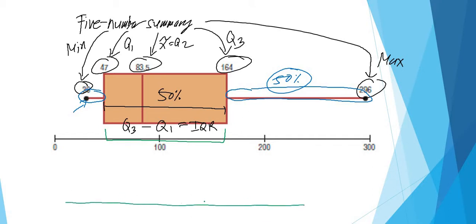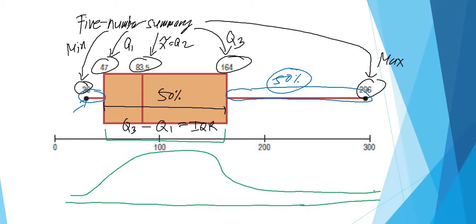I'm going to draw something like this. Since at least 50% is on this side, we can assume the same when we draw it as a histogram and as a curve.